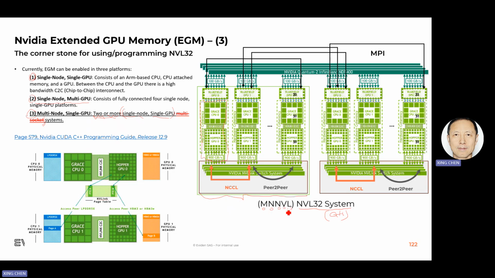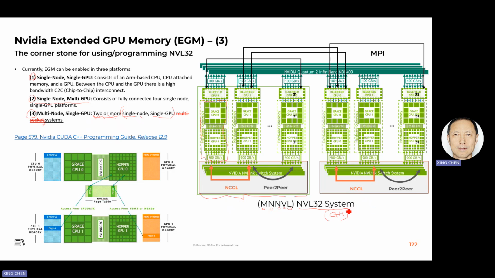That's the meaning of multi-node NVL domain. Okay, so here the fact is that this EGM could be enabled on this kind of NVL32 systems. And that's okay also for the future NVL72 systems.